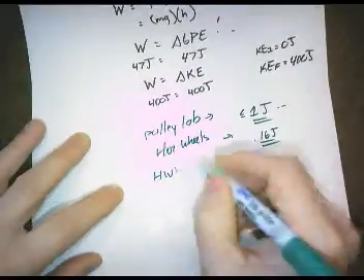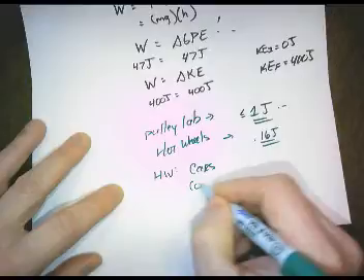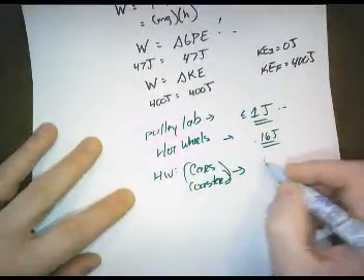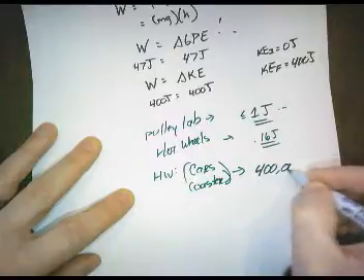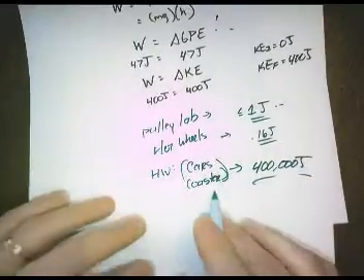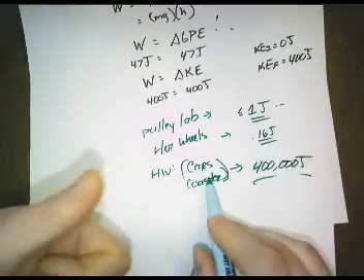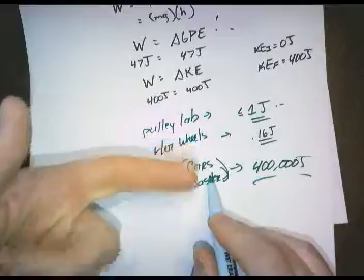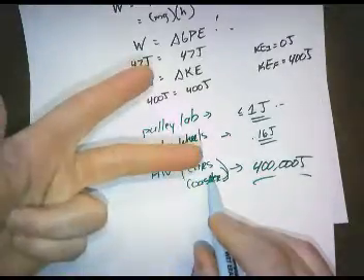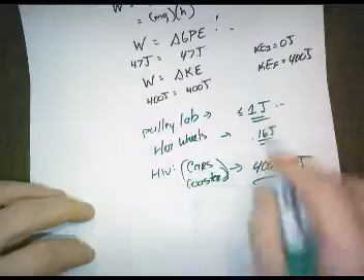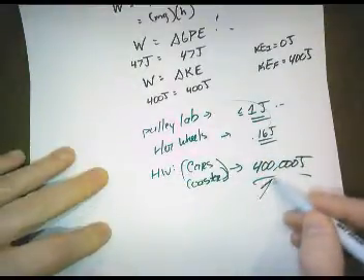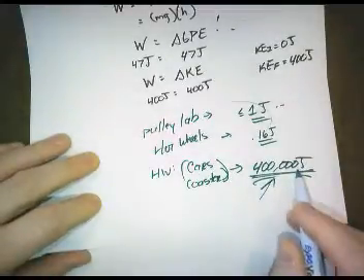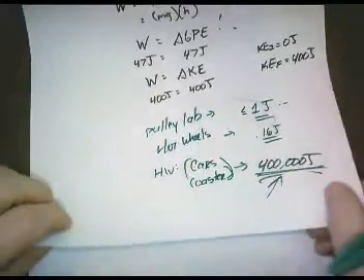In the homework, you're going to deal with real cars and real coasters, and now all of a sudden you're going to be dealing with hundreds of thousands of joules, because these things are a lot more massive, they go a lot faster, and they are at much greater heights than the stuff we've been dealing with in lab. So when you see these kinds of energies in the homework, don't freak out.